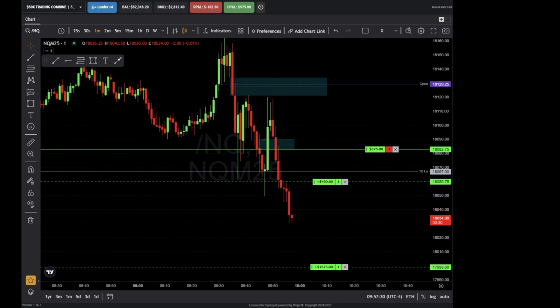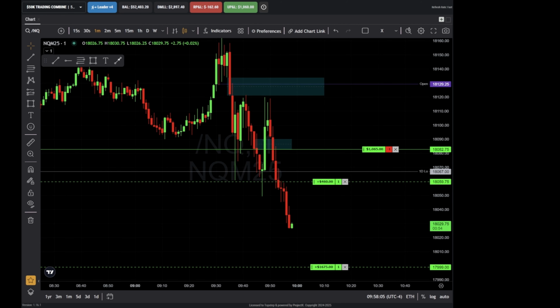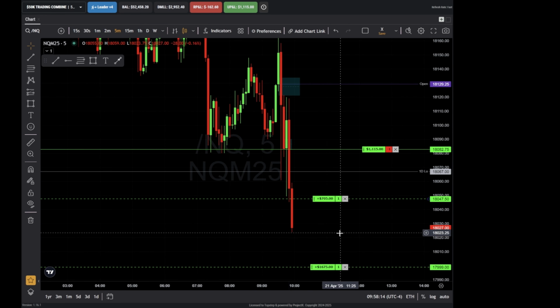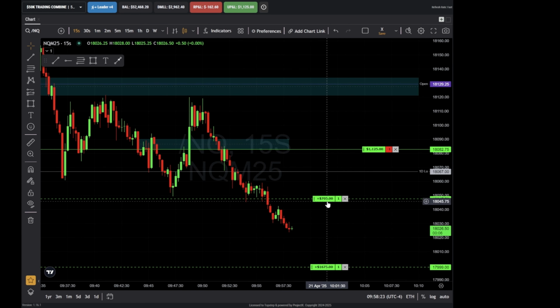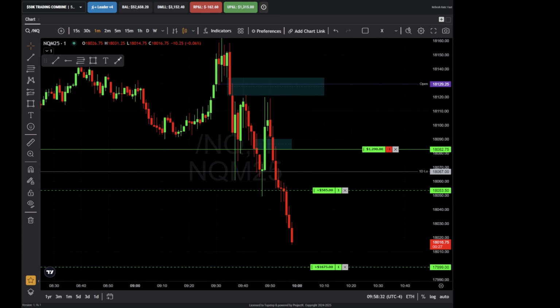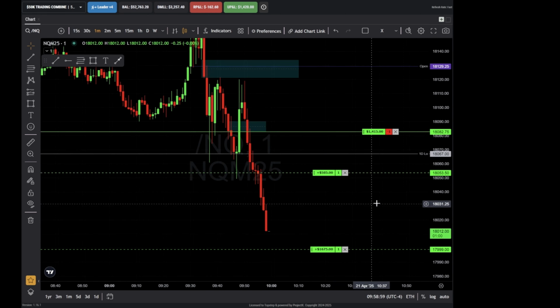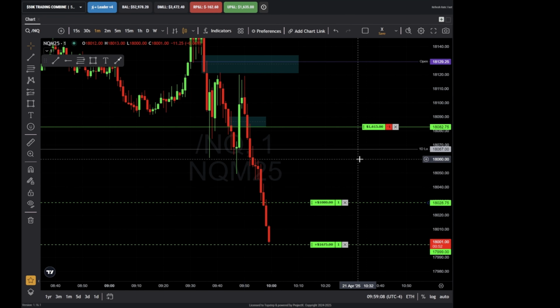I do have my take profit to give me 1,500 total for the day, as that's the max you can get on the top step combines. And I did move my stop down more to see price not go above where I would like to see another fair value gap created.